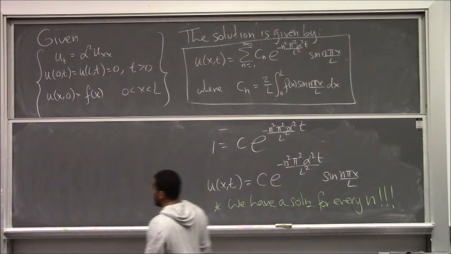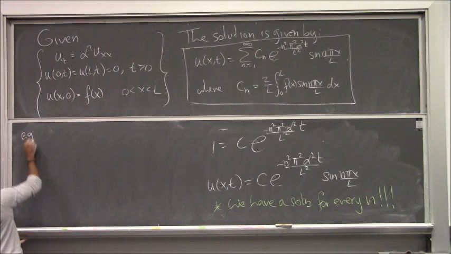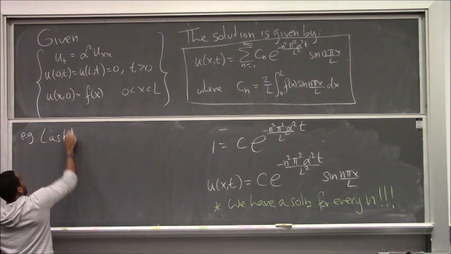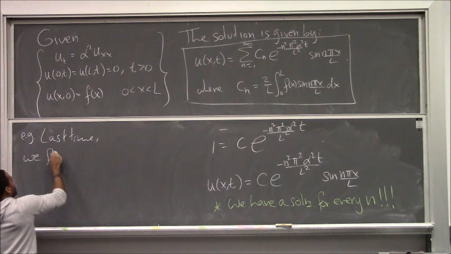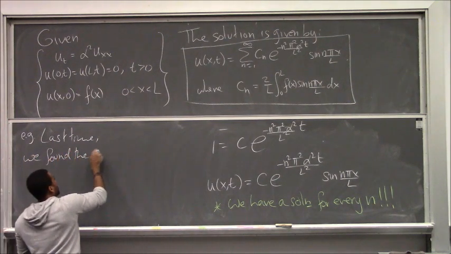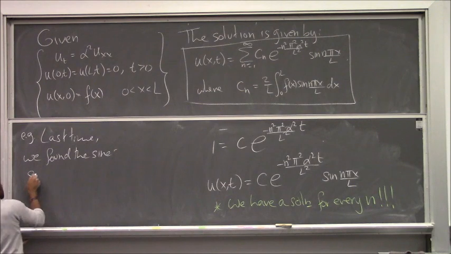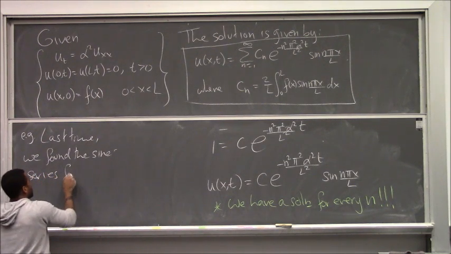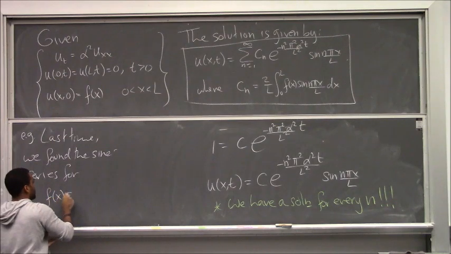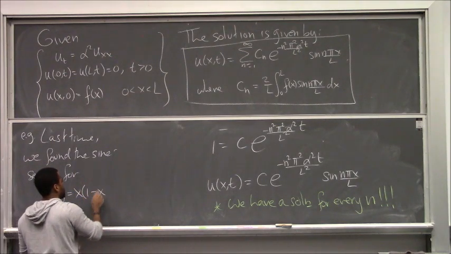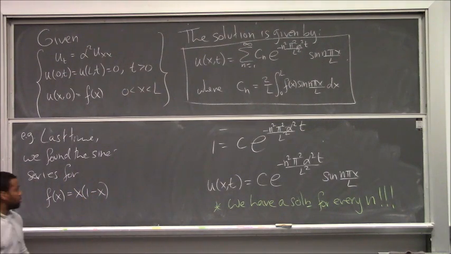So let's steal one that we did last time. Let's take an example. Last time, we found the sine series for f of x equals x times 1 minus x, I believe. Did we do that?